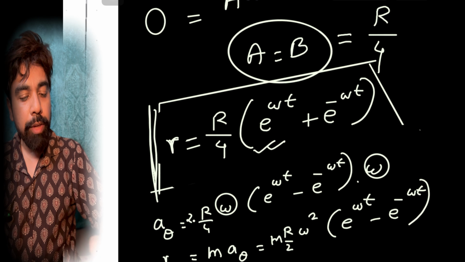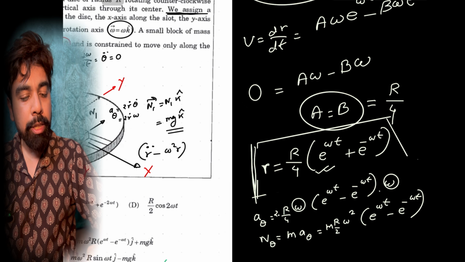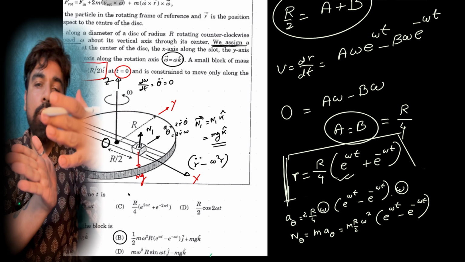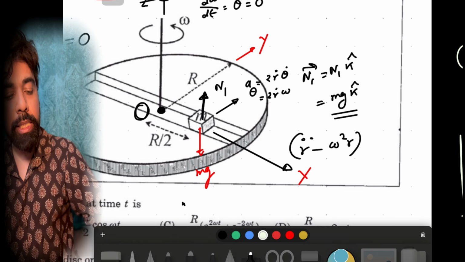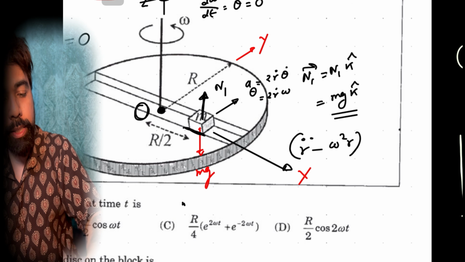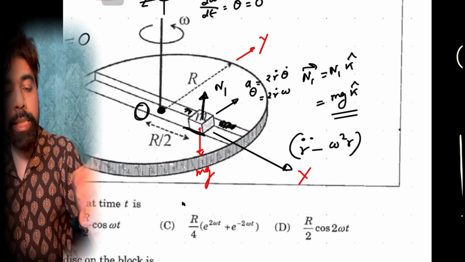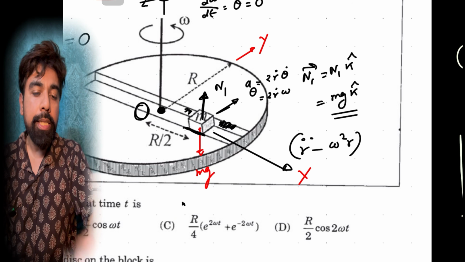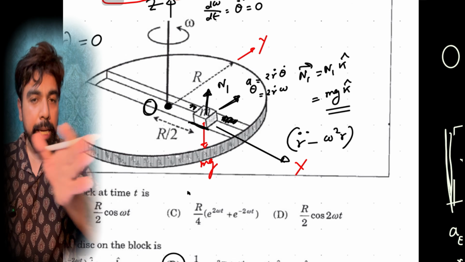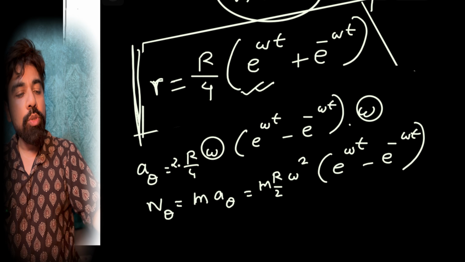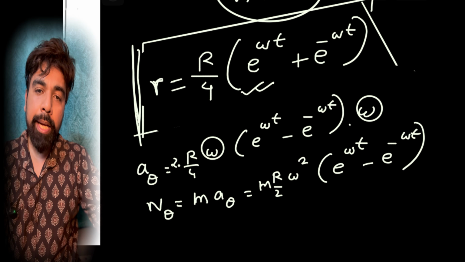This is going to give me the normal reaction provided by the walls of that groove. This means one wall here and another wall here. The net unbalanced force provided by those walls is in the direction of theta, a theta. So this is one normal reaction, right?